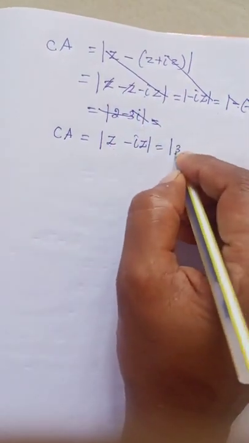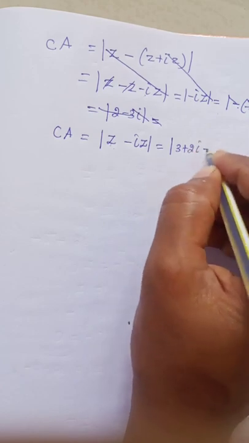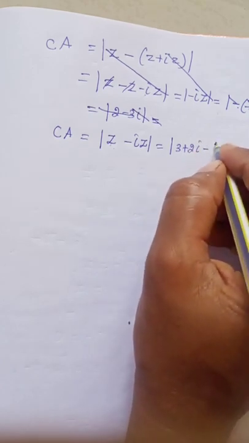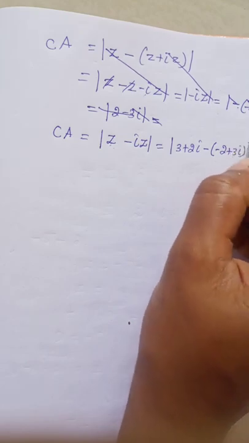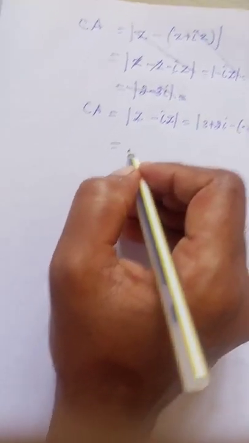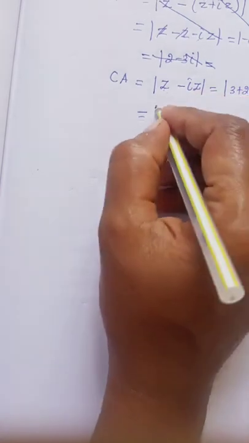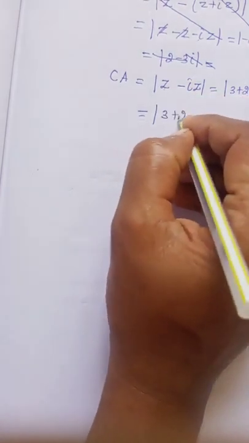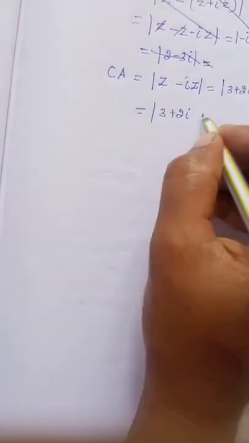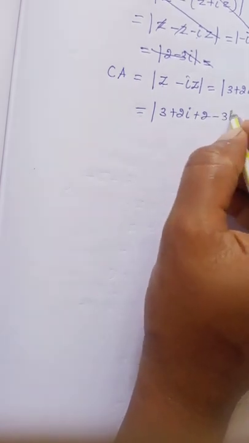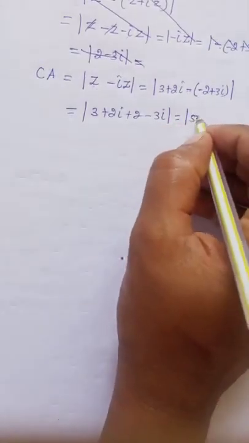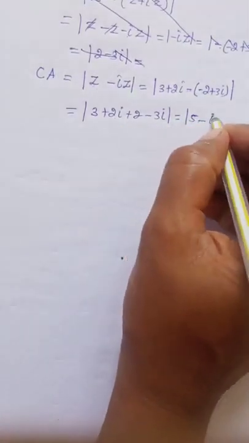The value of Z is 3 plus 2I, minus IZ, that is minus 2 plus 3I. So you get 3 plus 2I minus of minus 2 plus 3I, that is 3 plus 2, 5, and 2I minus 3I is minus I.